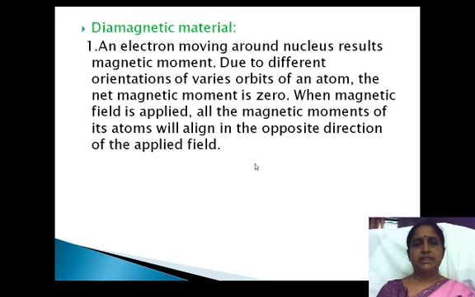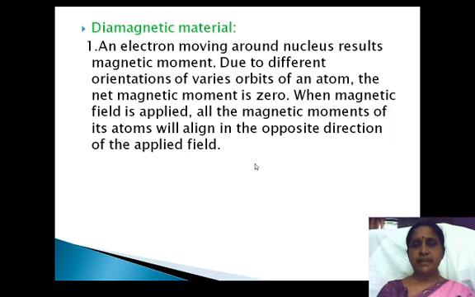We discuss them individually. Diamagnetic materials. An electron moving around the nucleus gives a magnetic moment, but due to the different orientations of the various orbits of an atom, the total net magnetic moment is zero.